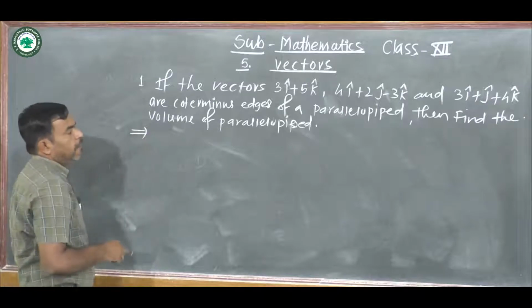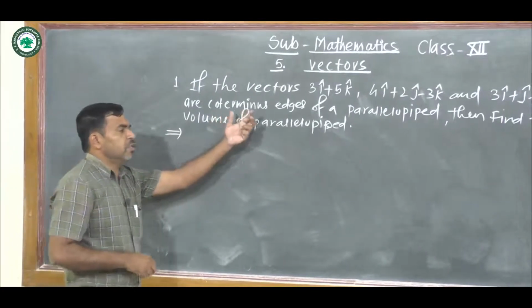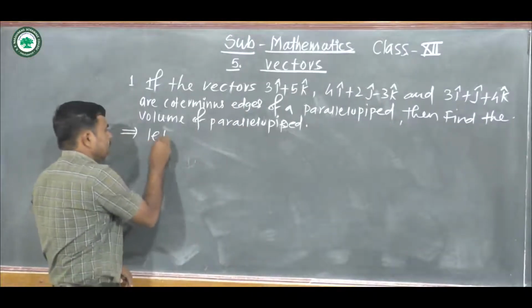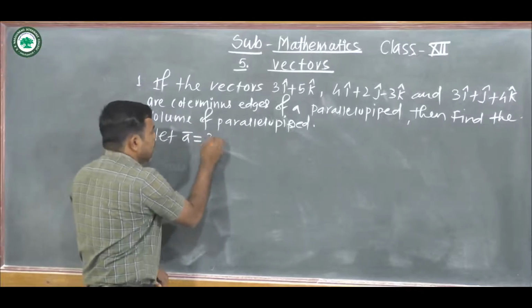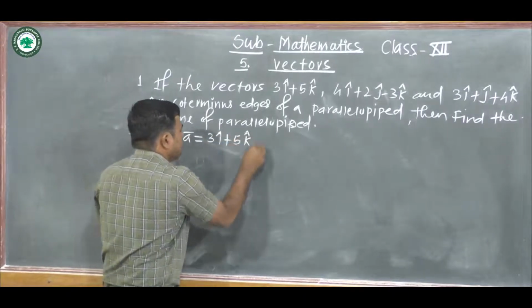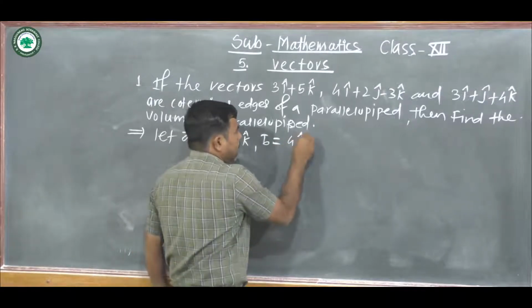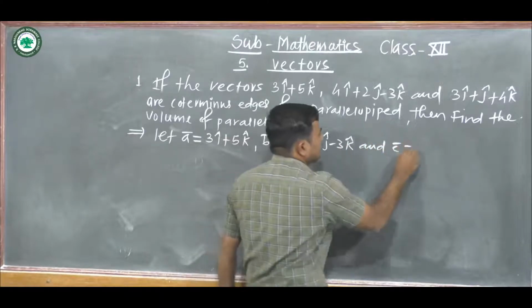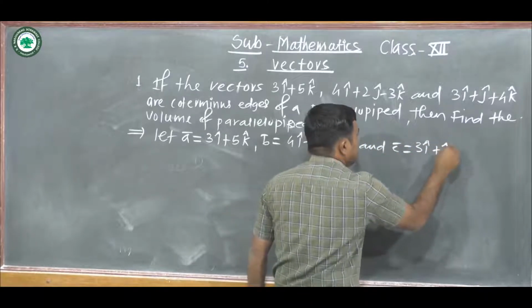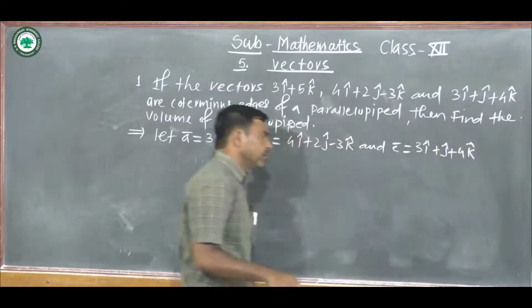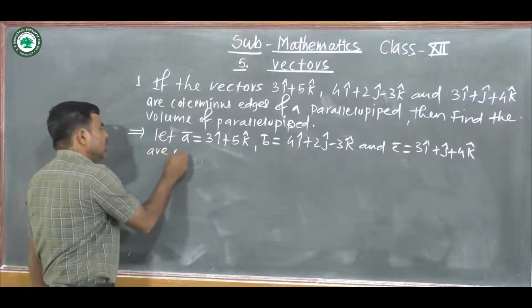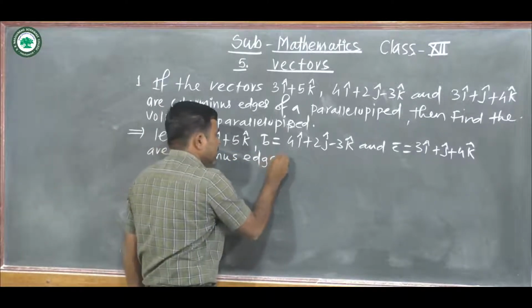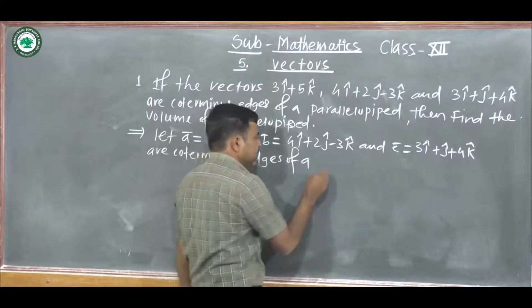So, coterminous edges are given. First denote these three vectors as A bar, B bar, C bar. So let A bar equal 3i cap plus 5k cap, B bar equal 4i cap plus 2j cap minus 3k cap, and C bar equal 3i cap plus j cap plus 4k cap, are coterminous edges of a parallelepiped.